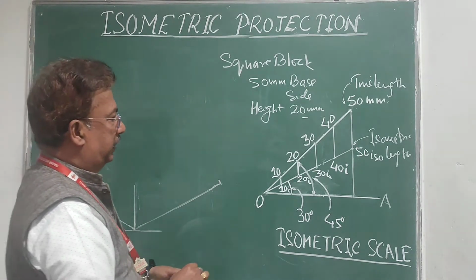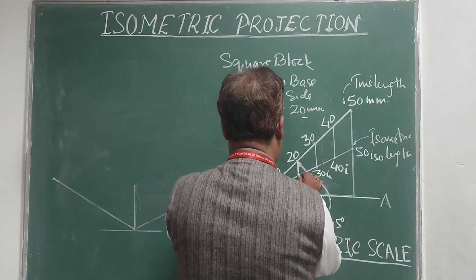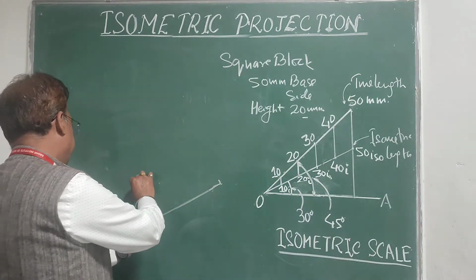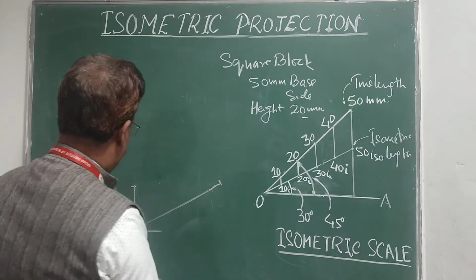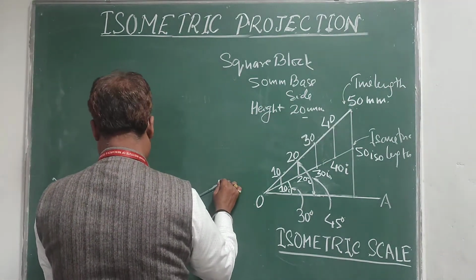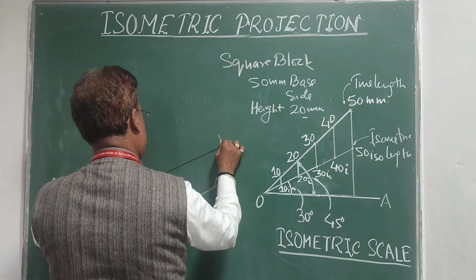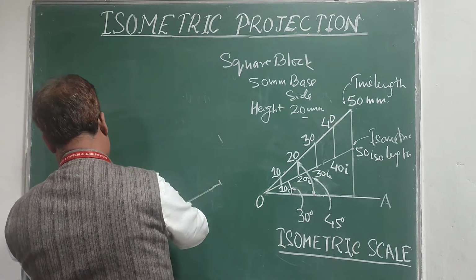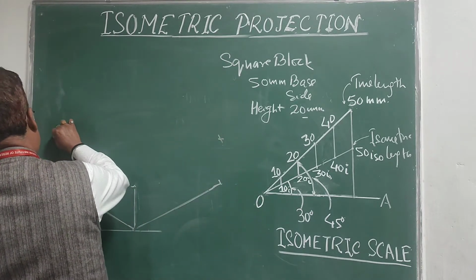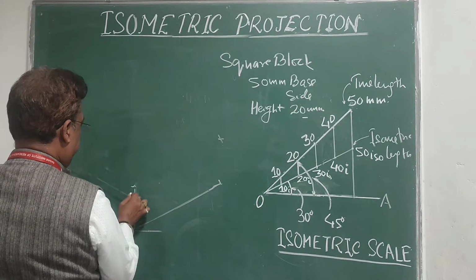And as the height, or you can say the thickness, of the block will be 20, I have picked 20 ISO from this. So now easily I can convert this into a square block in 3D form, that is isometric.